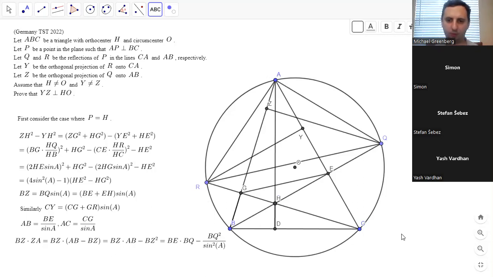BGEC. So QE times QB is the power of Q with respect to this, and RG times RC is the power of R with respect to this.